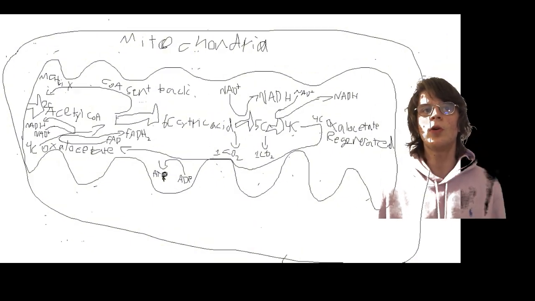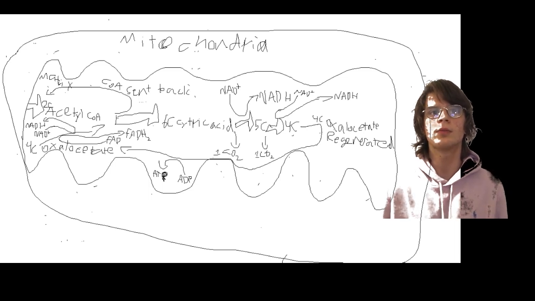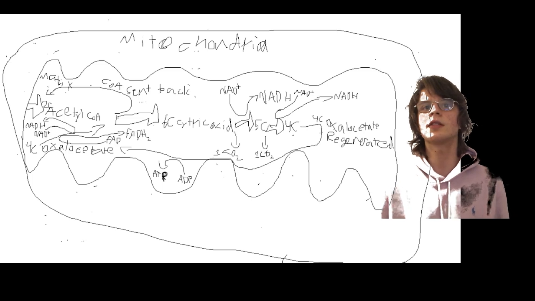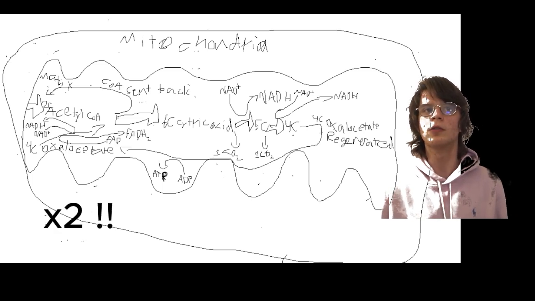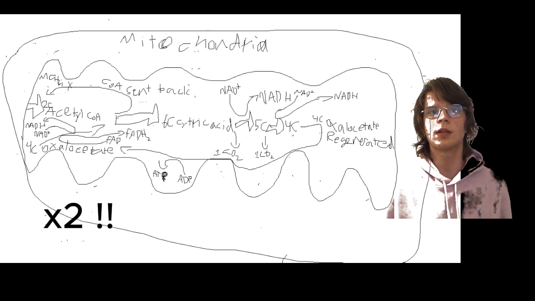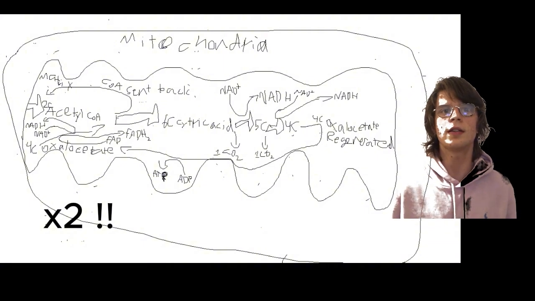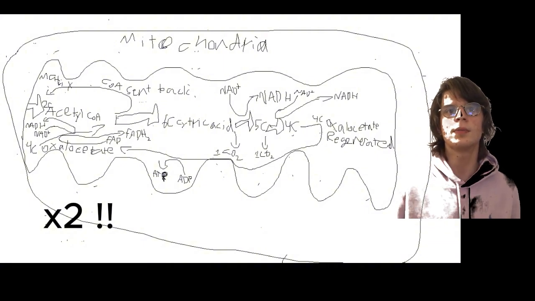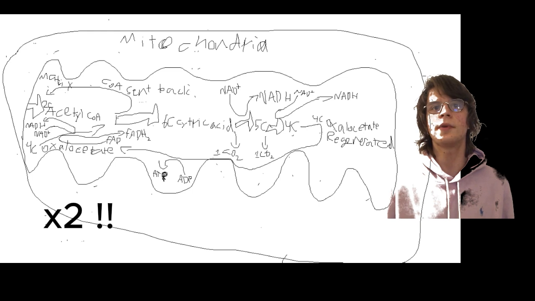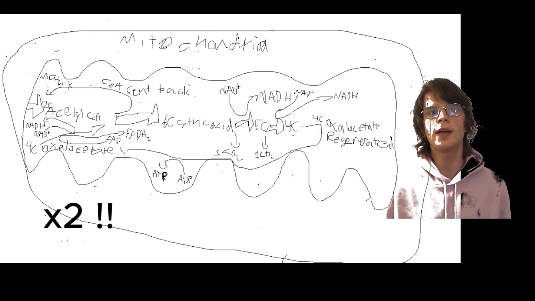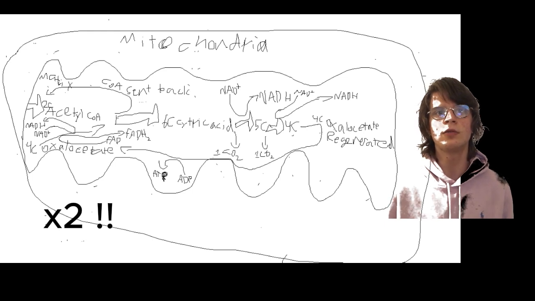And finally, more ATP is also formed from substrate-level phosphorylation. The entire process is also completed twice per pyruvate. And to grossly summarize again, acetyl coenzyme A, 3 NAD+, 1 FAD, and 1 ADP form coenzyme A, 3 NADH, 1 FADH2, 1 ATP, and 2 CO2.